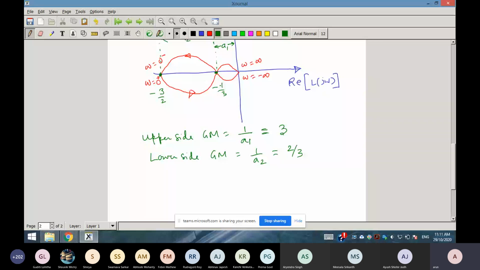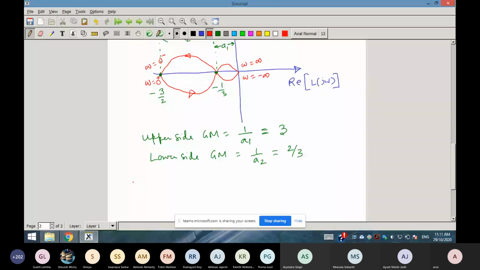That means there is no term like upper side phase margin, lower side phase margin, because the Nyquist plot is symmetric with respect to x and y axis.